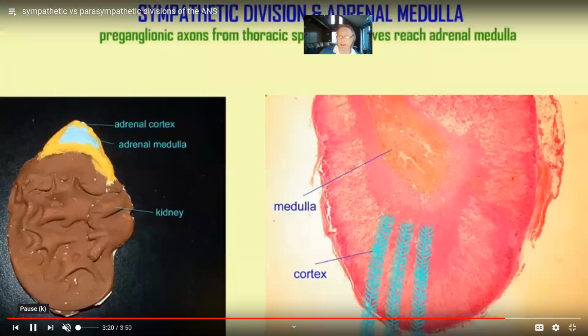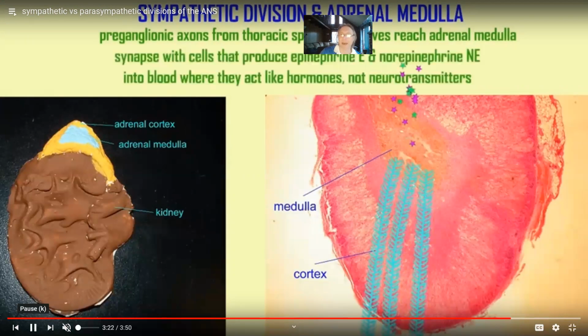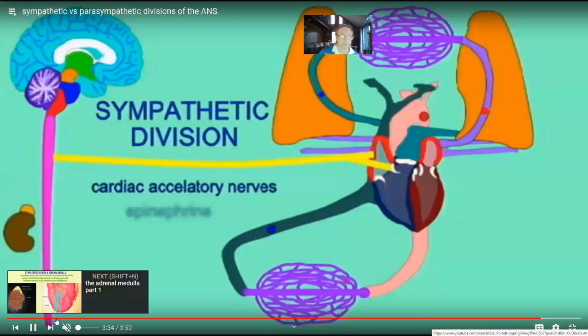One other difference, which I'm going to get into in much greater detail, is that in the sympathetic division, there are neurons which go to the middle of the adrenal gland, what's called the adrenal medulla, and cause the release of epinephrine and norepinephrine, which we also call adrenaline and noradrenaline, into the blood. And once they're in the blood, they act like hormones rather than neurotransmitters. All right, so I'll get into that now.